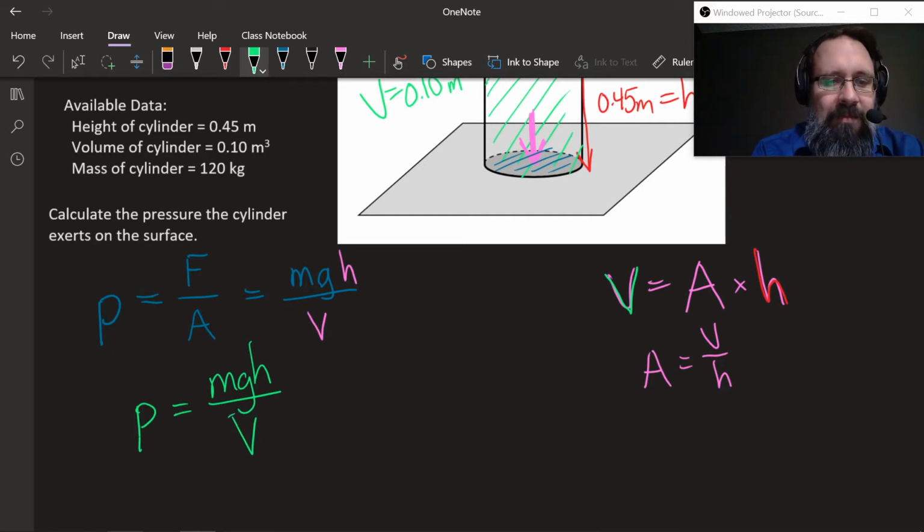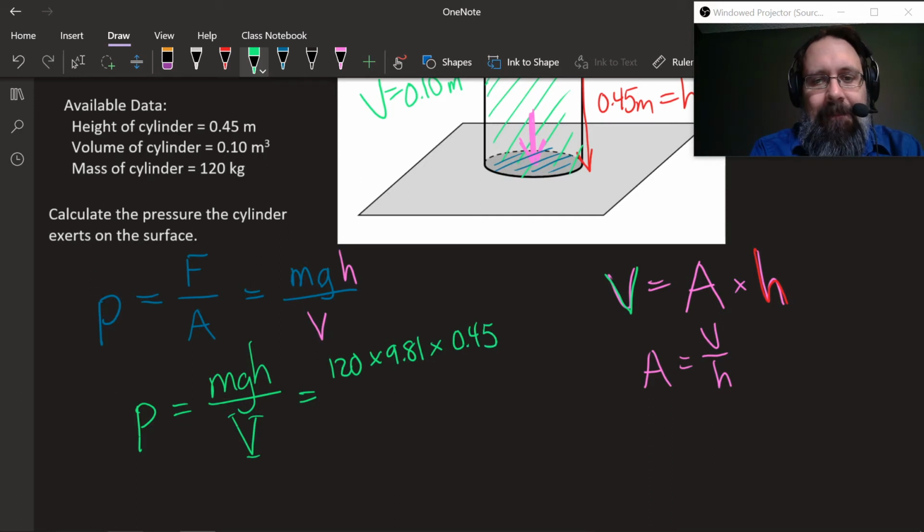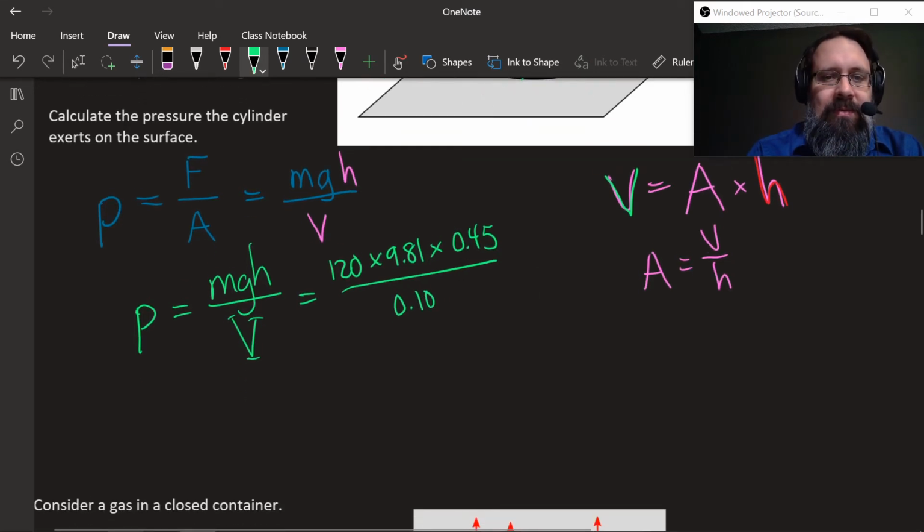And I want to make sure that I'm showing that this is a volume, so maybe I'll use a serif to show that it's a capital V. So now we just have to plug in all of our numbers. So the mass was 120, gravity is 9.81, and the height was 0.45, and then the volume was 0.10.